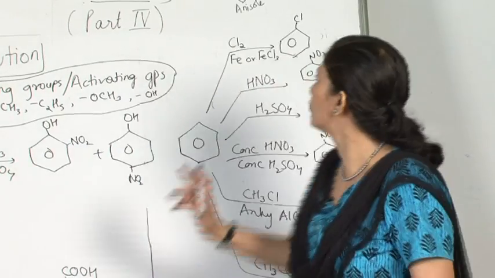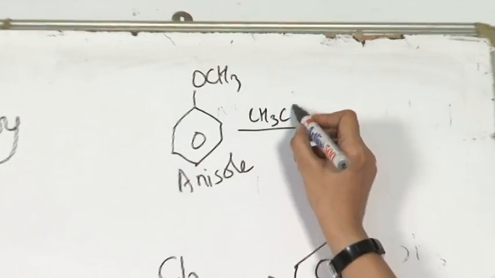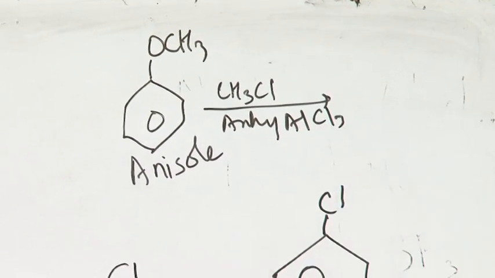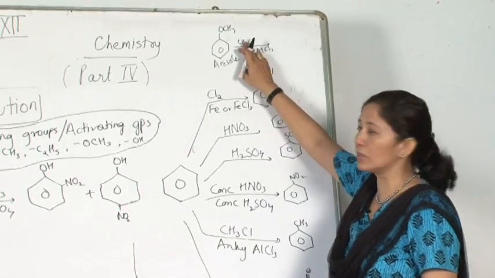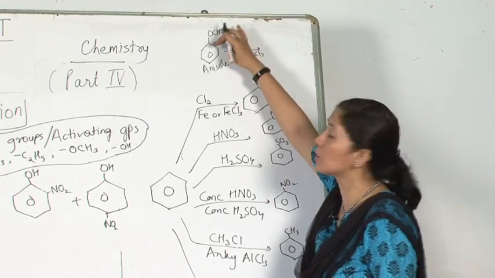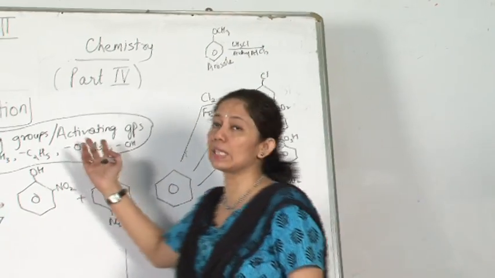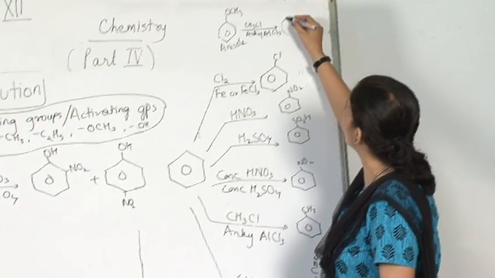First you write down the reagent for Friedel-Crafts alkylation: CH3Cl, anhydrous aluminum chloride. Next, find out what group is going to be generated from that. It is the CH3 part. Where it has to come and attack? For that, I have to see what group is attached to the ring. OCH3 is attached. OCH3 is an example of an ortho and para directing group. So I am going to get the product this way.